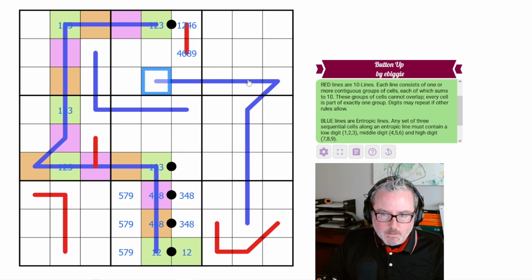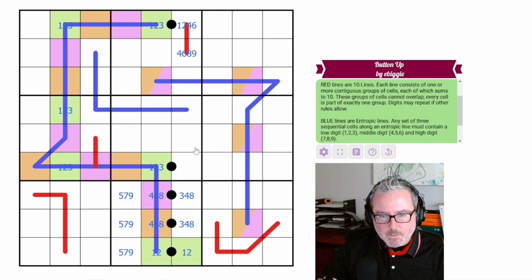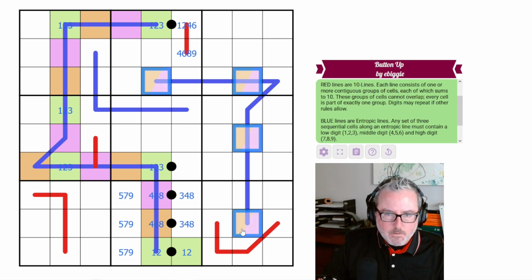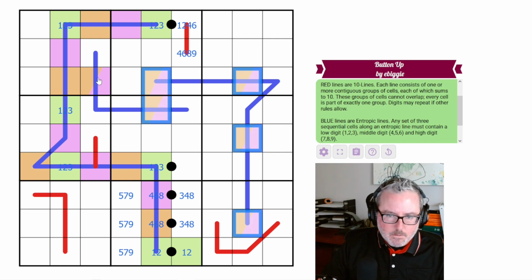Maybe we can look at this line. Okay, so I don't know if this is going to give us much at the moment either, but we know that these digits are either mid or high, because this one can't be low. It's going to be the same here as well. But can we necessarily say these are the same or different?